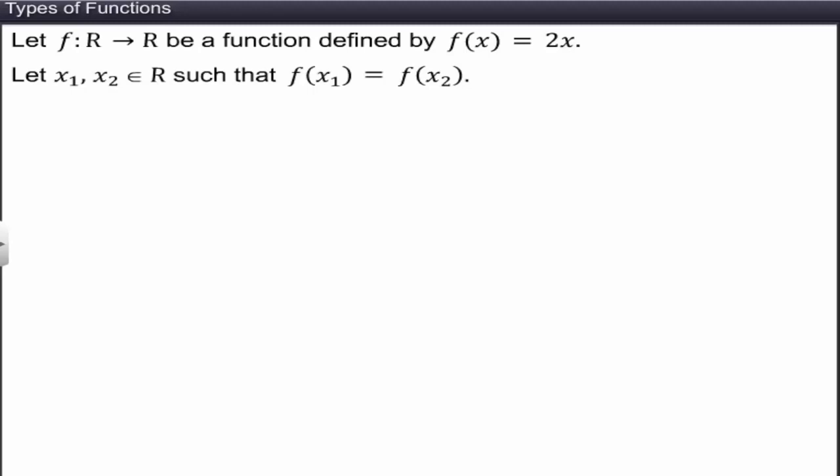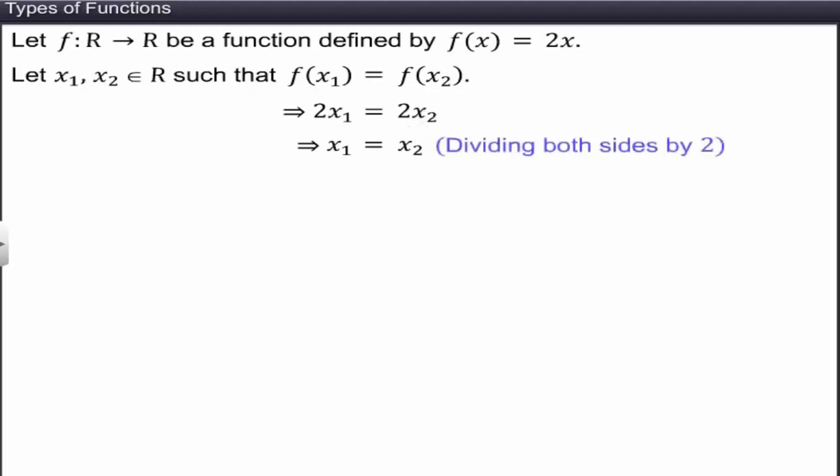Let x1 and x2 be any 2 arbitrary elements from domain R of function f, such that f(x1) is equal to f(x2). Now, f(x) is equal to 2x, so f(x1) is equal to f(x2) implies that 2x1 is equal to 2x2. This gives x1 is equal to x2.